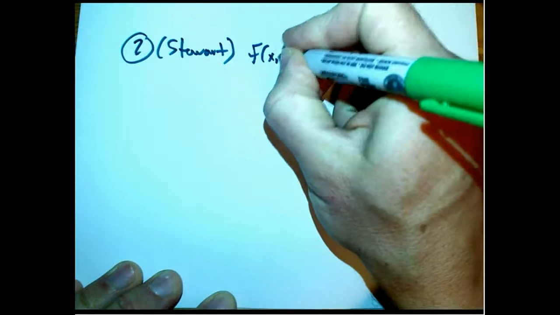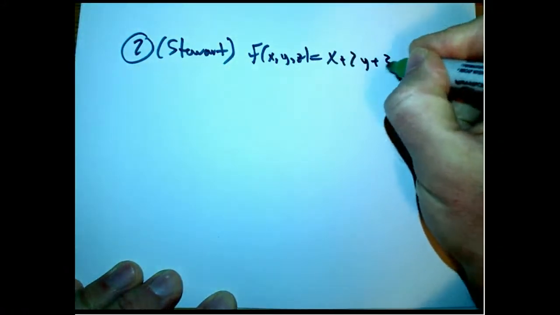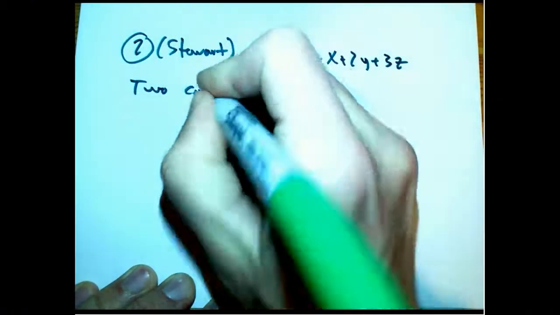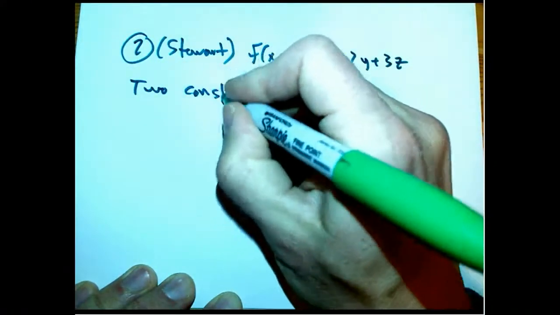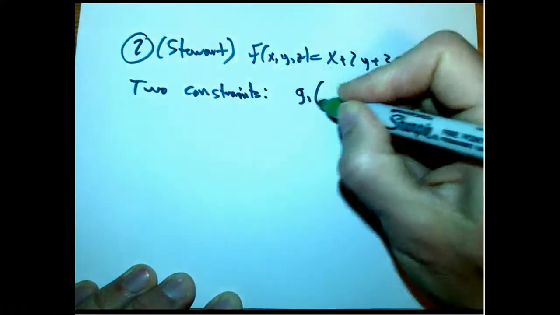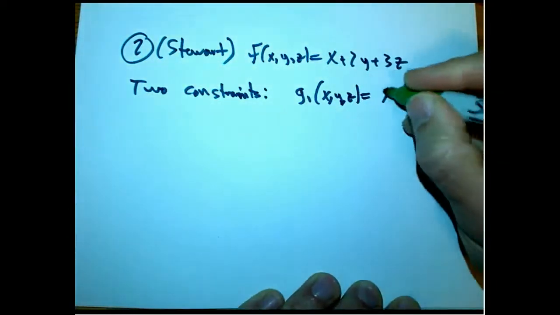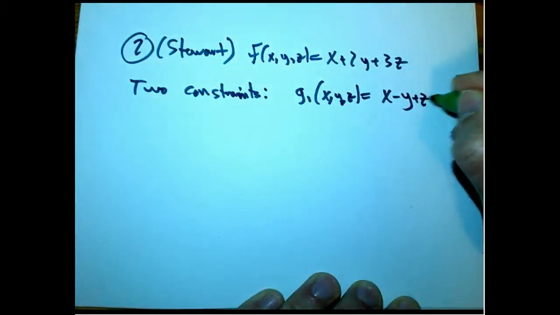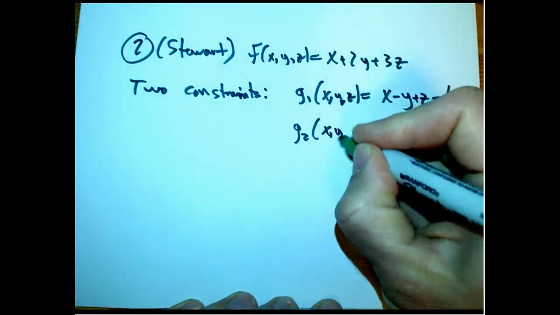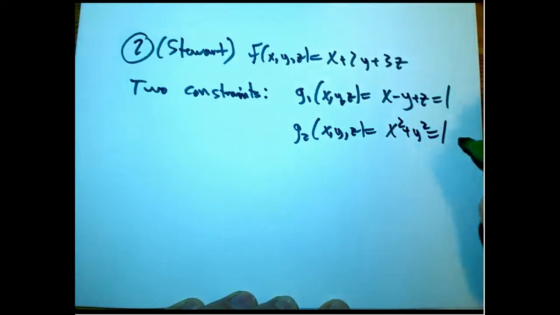So f of x, y, z is the same function, actually. And then I've got two constraints. Let's say g1 of x, y, z is some other plane. So we're on the intersection of a plane and a cylinder.